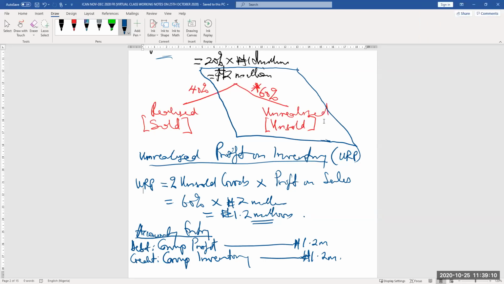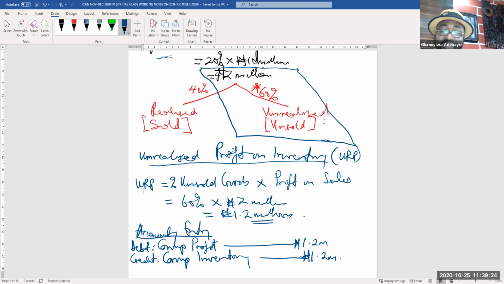Okay, sir, I understand now. I was actually doing it the other way around because I looked through the question yesterday, but I was not able to understand this place. So I think I had to make use of the amount of the goods instead of the profits. No, it's a profit. What you're eliminating is unrealized profit, not the exact transaction. Okay, sir, thank you.